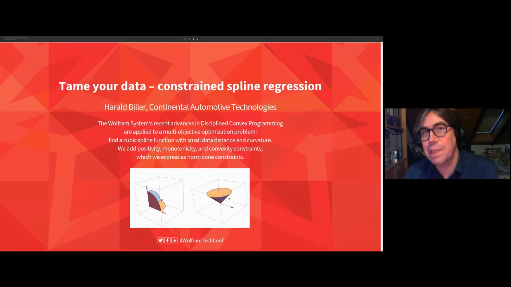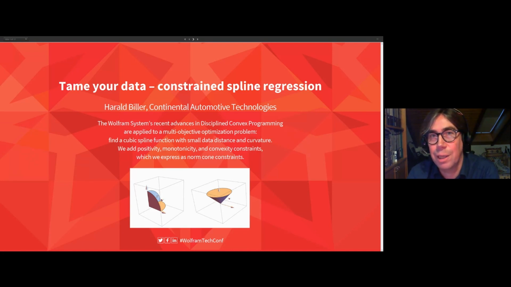These are the optimization problems which can today be solved in an accurate, fast, and robust way. Thankfully, the Wolfram system makes this available. We apply this to cubic spline functions, piecewise cubic polynomial functions with continuous second derivatives.